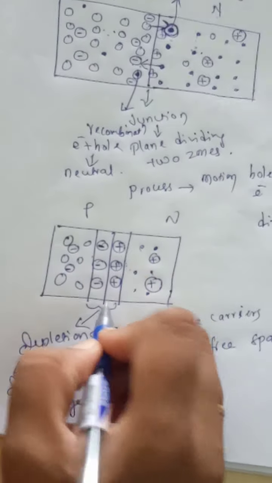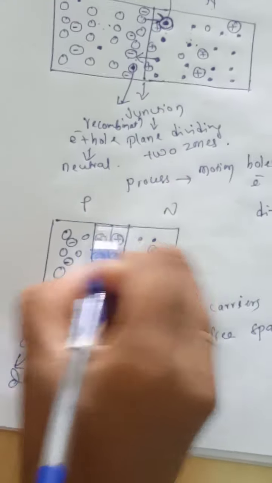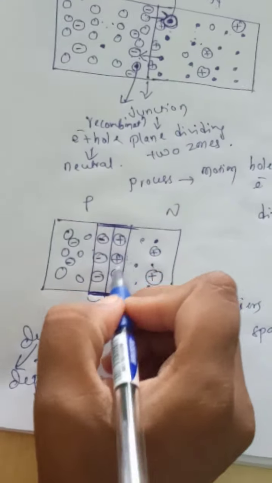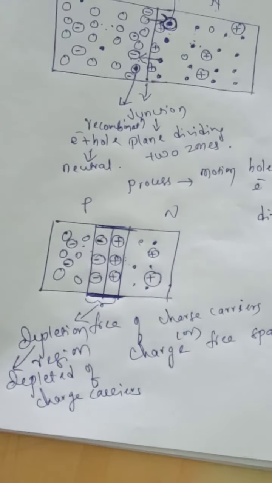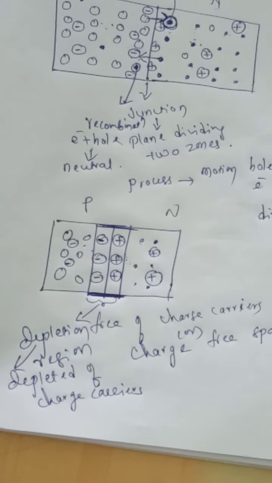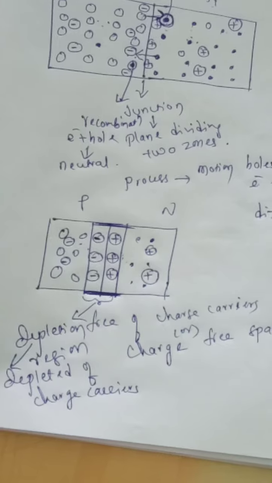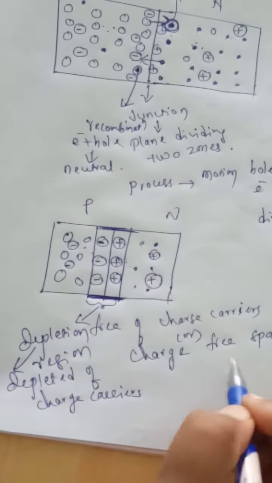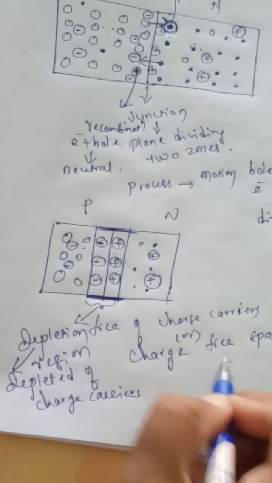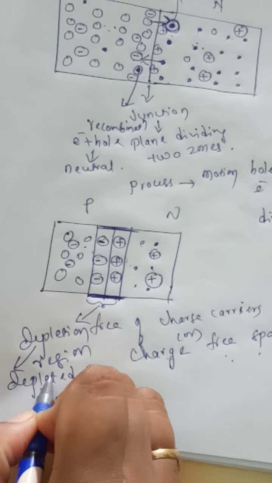Depleted of charge carriers means that nearby the junction, up to a certain region in n-type and p-type, we will not find any mobile carriers. It is totally free of charge carriers. So a charge free space is formed, which we call the depletion region.